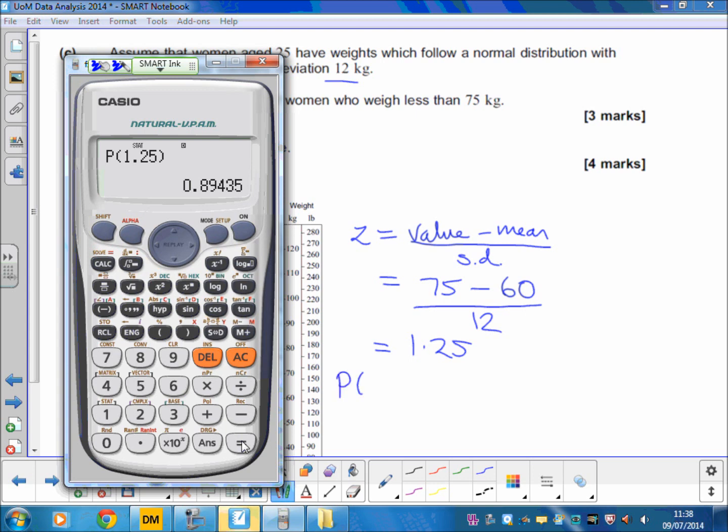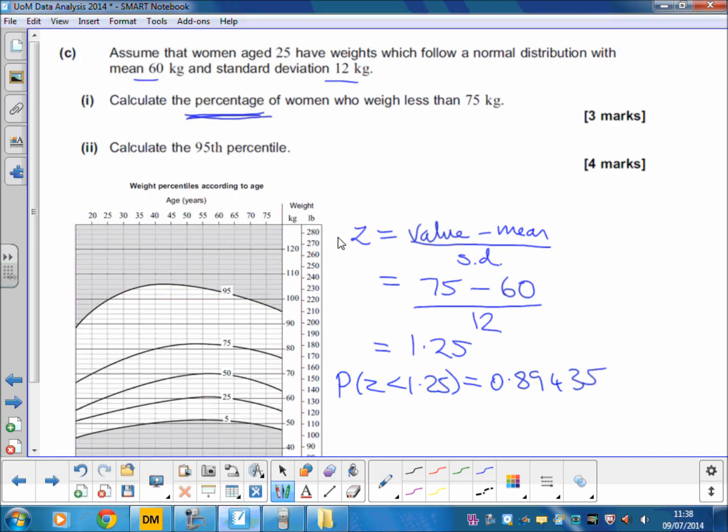So the probability that Z is less than 1.25 is 0.89435. Now there's one more thing with this question. They asked for the percentage. So to turn that into percentage, we need to multiply by 100. So that's 89.435%. That's 89.4% as 3 significant figures.